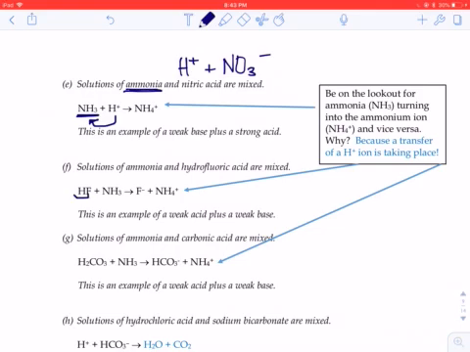Here's an H moving over to form that NH4 plus. Here's an H moving over to form more NH4 plus. So be on the lookout for that proton transfer taking place between ammonia, NH3, neutral, and the ammonium, NH4 plus, ion.